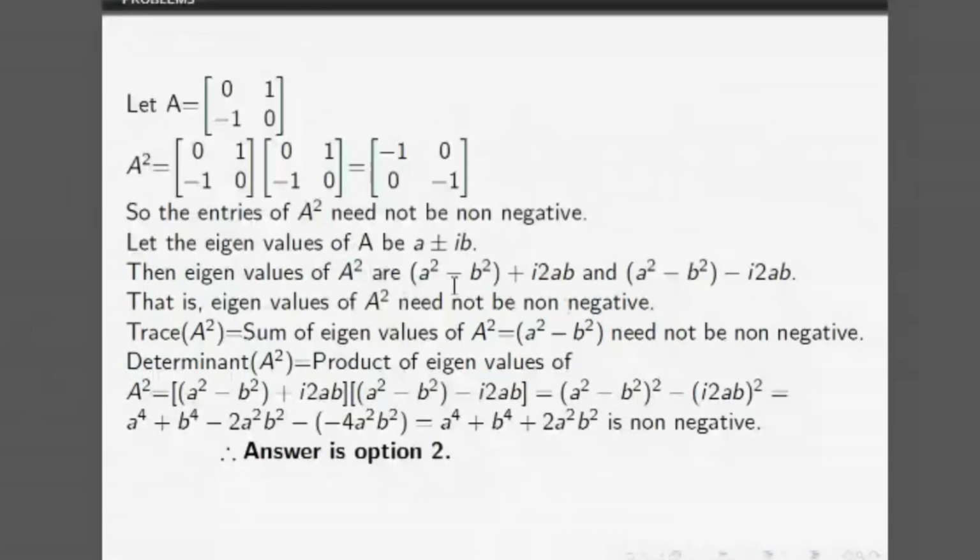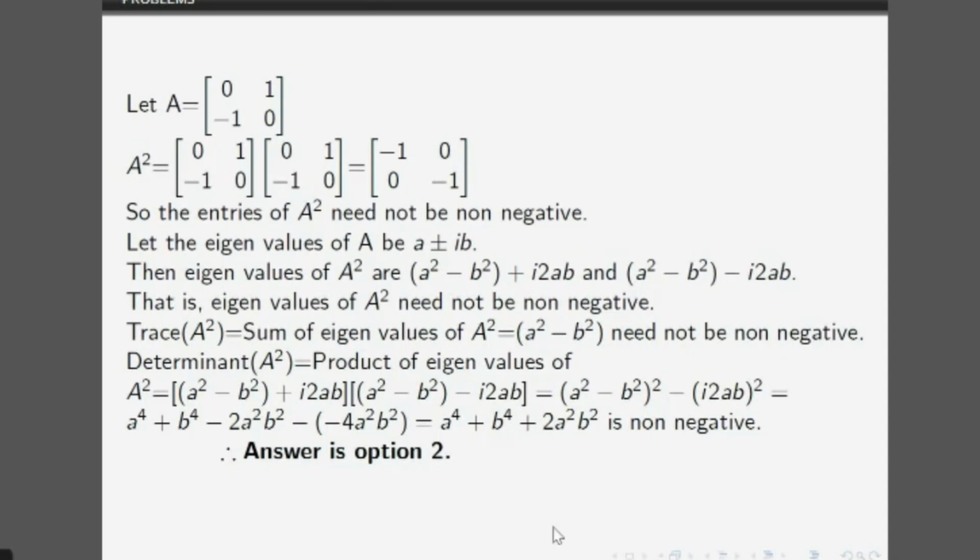They will be a square minus b square plus i 2ab, and a square minus b square minus i 2ab. So it's not necessary that it is non-negative. Maybe if both a and b are non-zero numbers, then it can be complex. So it is not non-negative. So we can skip option D, that the eigenvalues of A square are non-negative.